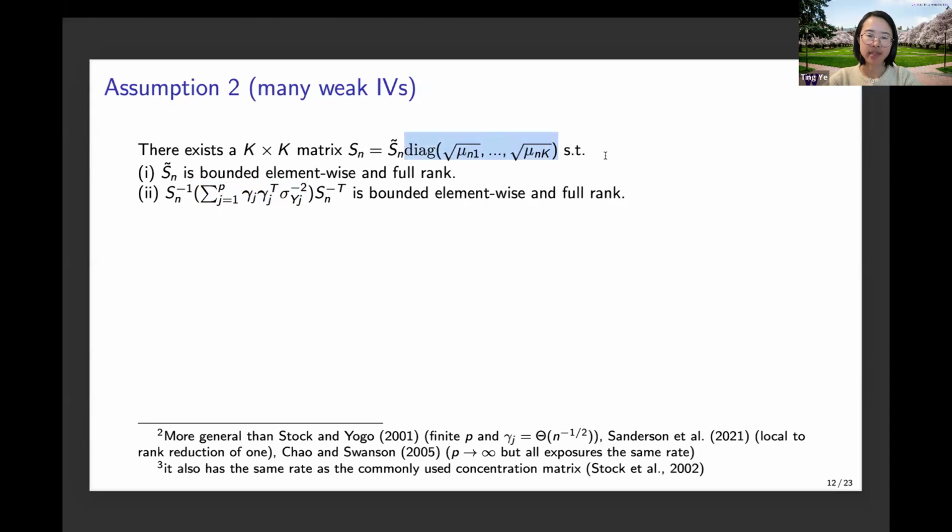And this is reflecting the convergence rate for different directions of the exposure as characterized by Sn tilde. And with that, we will multiply by Sn inverse and Sn inverse transpose on left and right. This is able to make this matrix bounded element-wise and full rank. So essentially, the Sn will characterize the convergence rate of this whole IV strength matrix for K exposures.